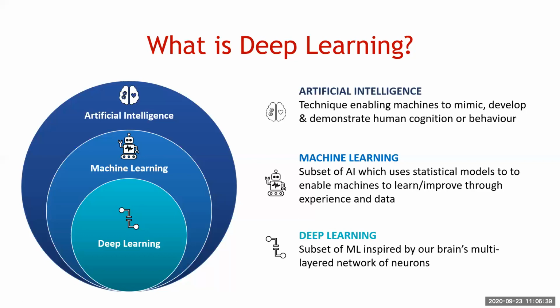Deep learning is a subset of machine learning where the way that it works is inspired by our brain's network of neurons and its multi-layered capabilities of thinking through a problem. An example of that is some of those automatic translation apps you would have on your phone.